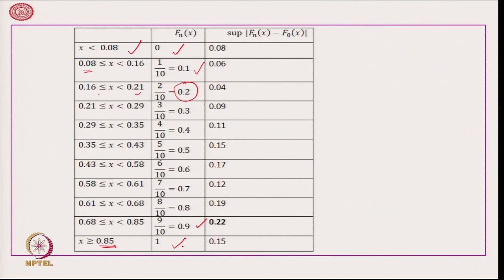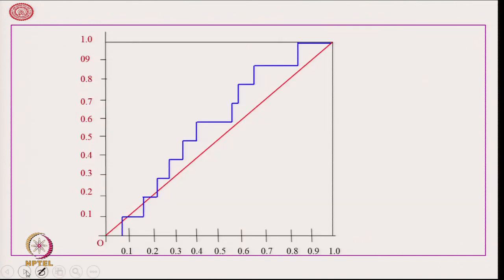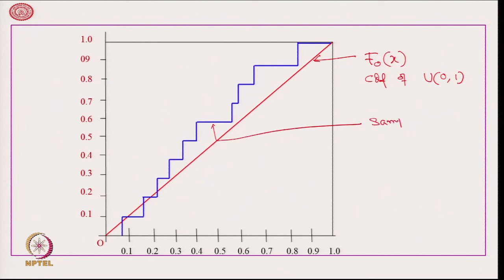Now, what is the value of the supremum? To do that, let us first look at a graph. This is the graph that we have drawn for our understanding. This red line is f0(x), that is the CDF of uniform 0-1. The blue line is the sample Fn(x).